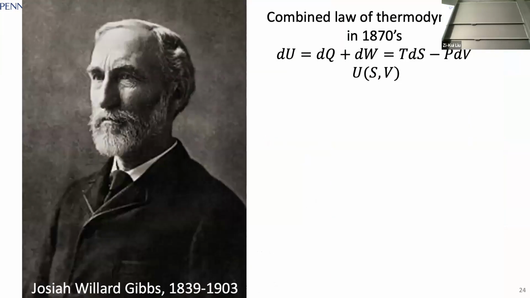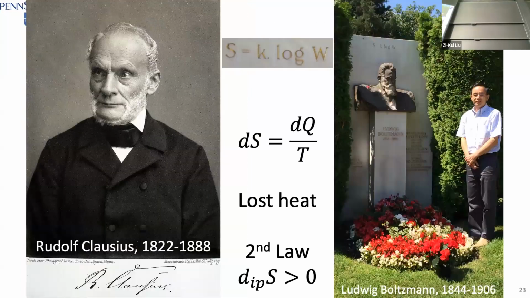Gibbs did the combined law, dU equals dQ plus dW. If it is hydraulic work, you have dU equals TdS minus PdV. That's the combined law. But the question is, the combined law does not have the second law, right? Because the second law is positive, it doesn't have an equal sign.